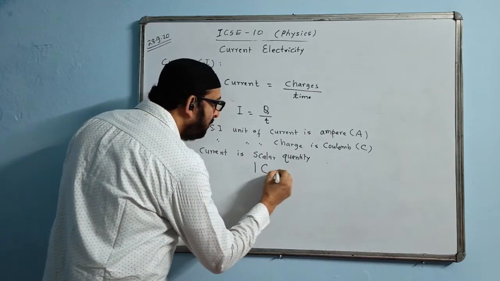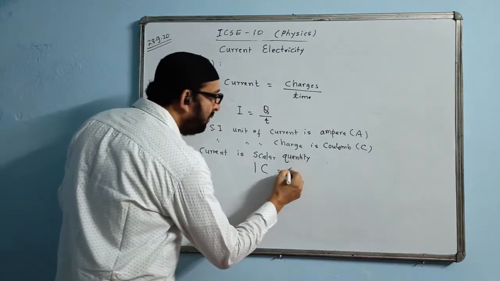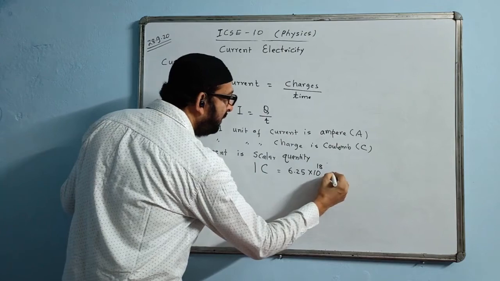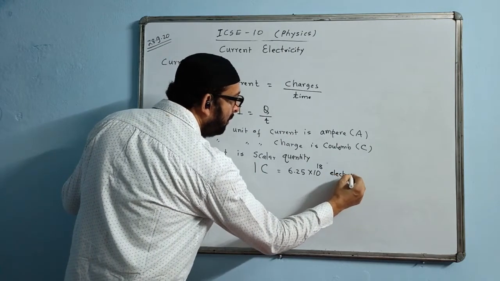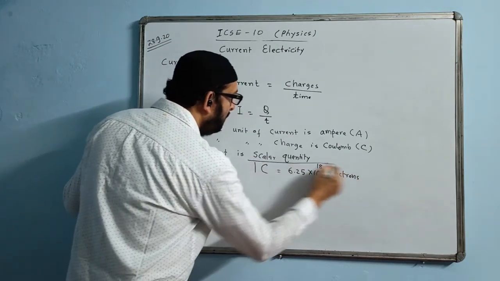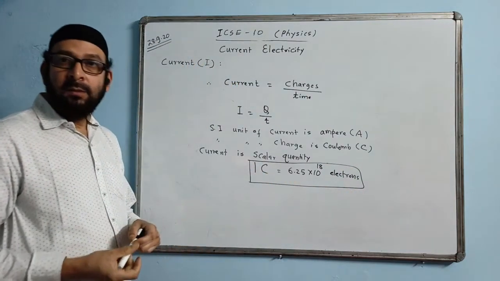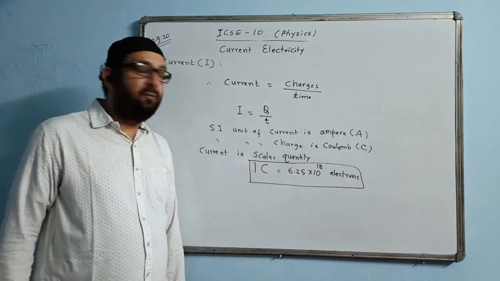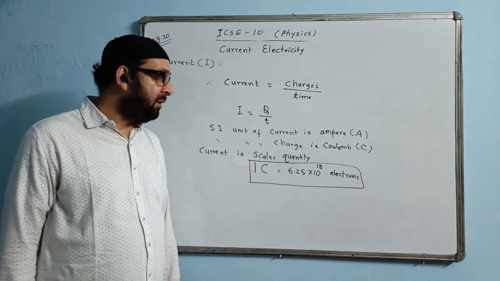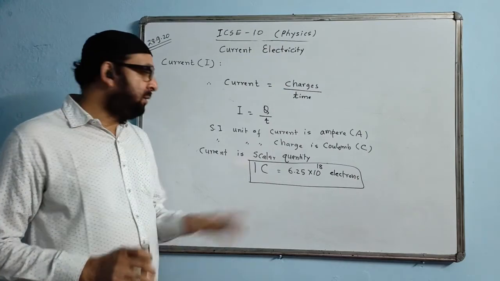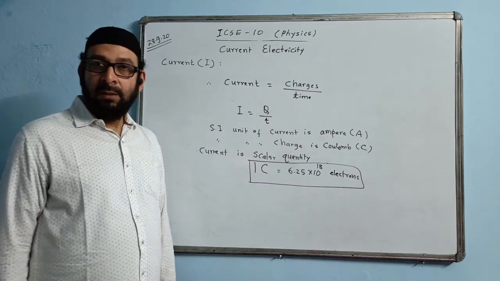1 coulomb is the charge of 6.25 into 10 to the power of 18 electrons. In 2 coulombs, how many electrons will be there? 2 multiplied by this.